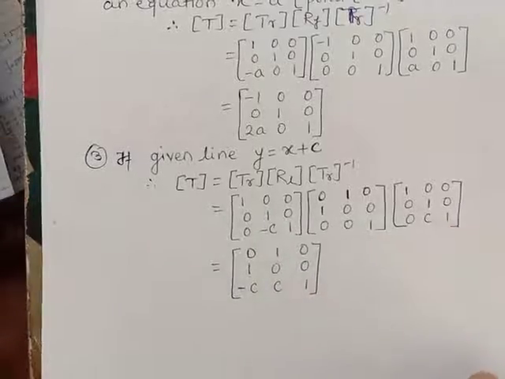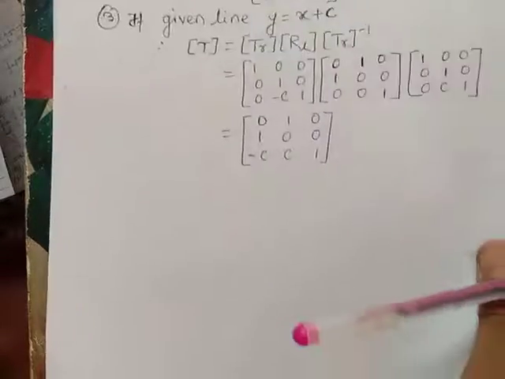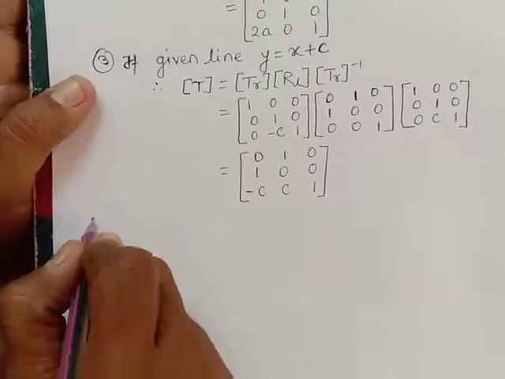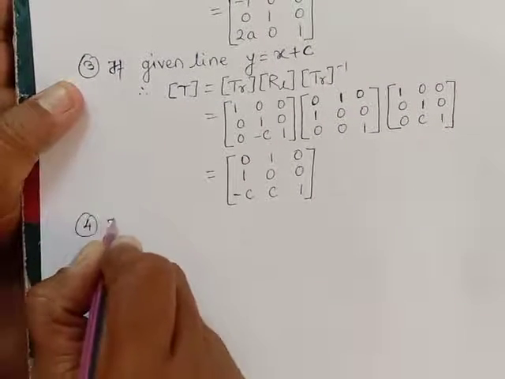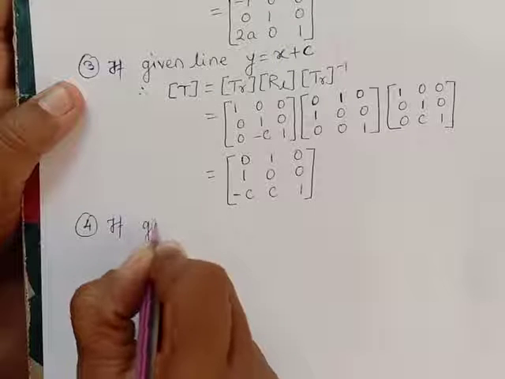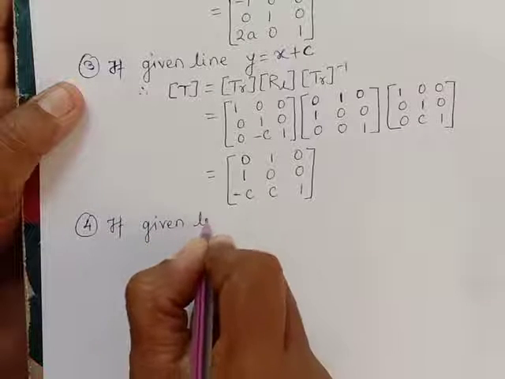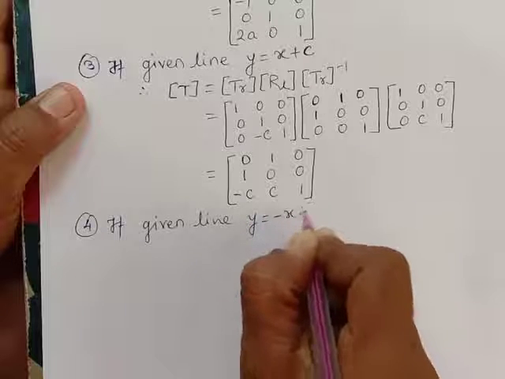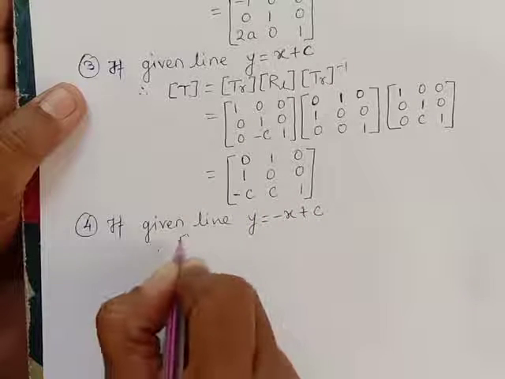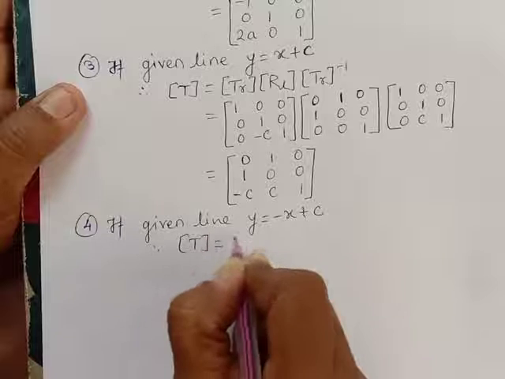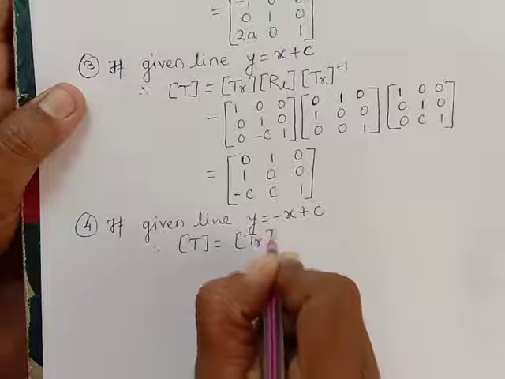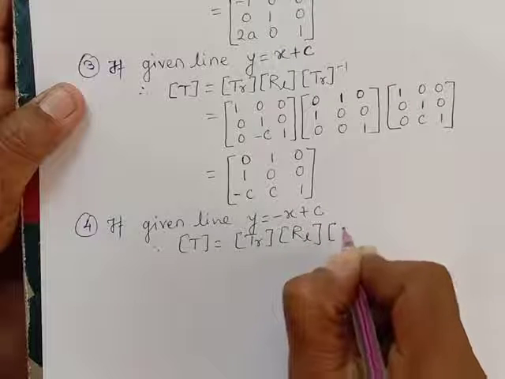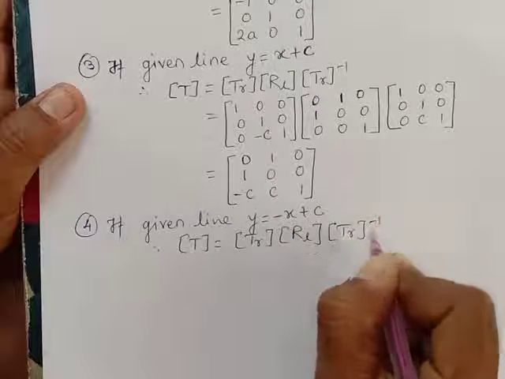Fourth note: if the given line is y equal to minus x plus c, therefore T equals translation, reflection and inverse translation.